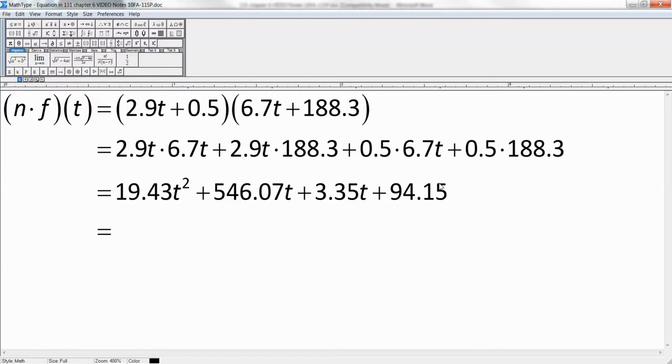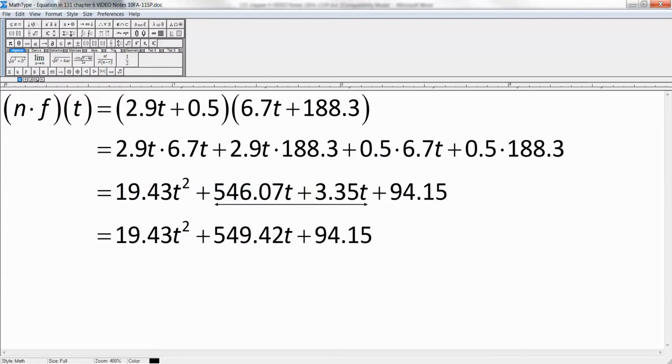All right, now we can combine these two in the middle. They're like terms. So let me underline them so you can see it. So we're going to make 19.43 t squared plus 549.42 t plus 94.15.